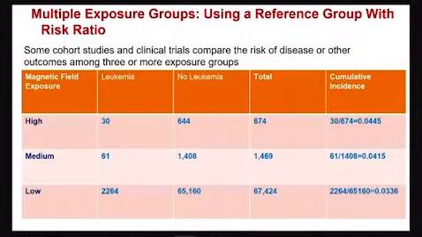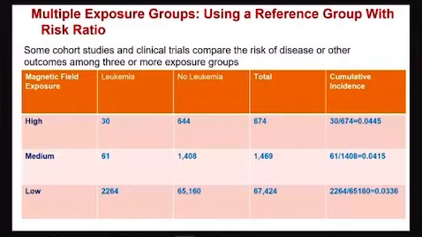I need you to take a look at this. Some individuals, we conduct what we call cohort studies. In a cohort study, we follow individuals for a certain period of time.